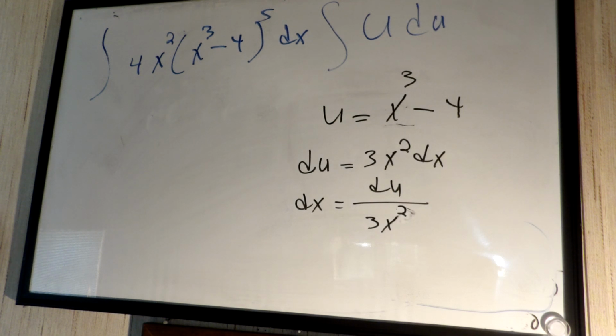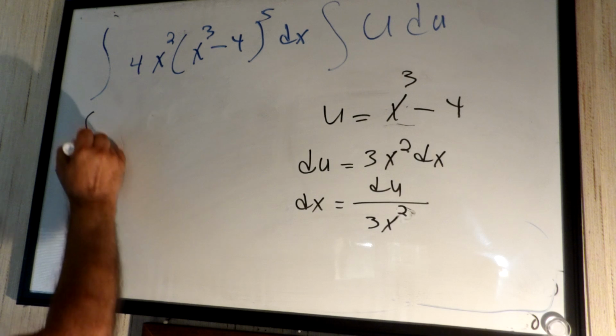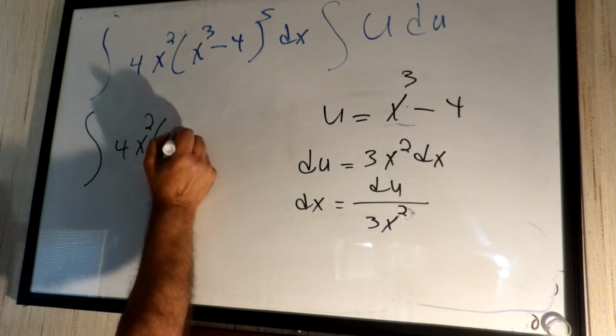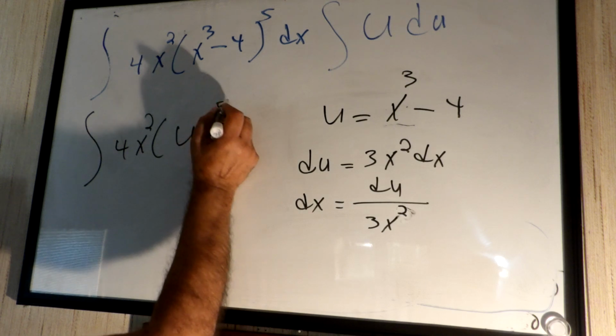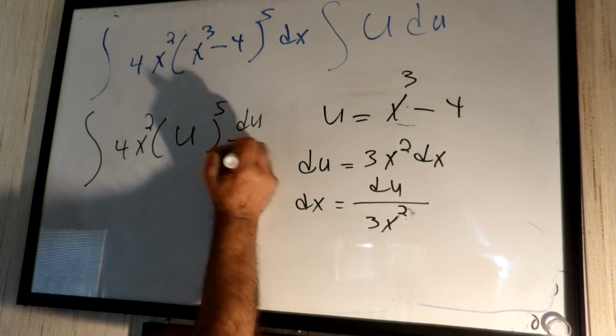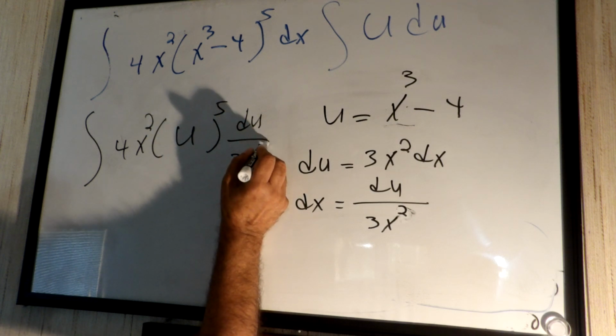So we put it here: 4x^2 times u to the power of 5, and instead of dx we write du over 3x^2.